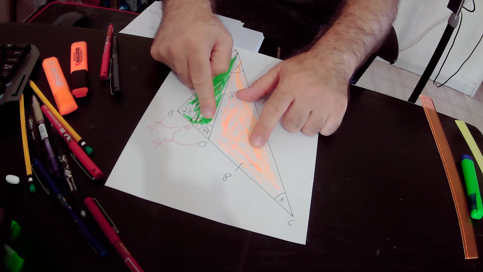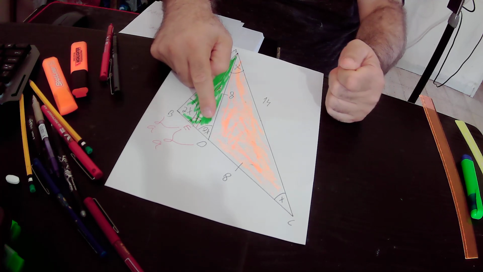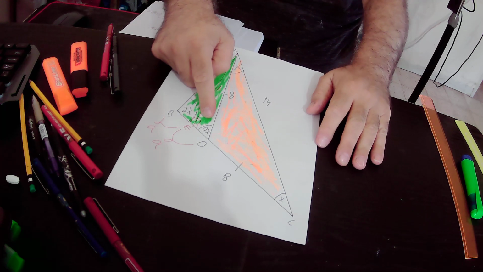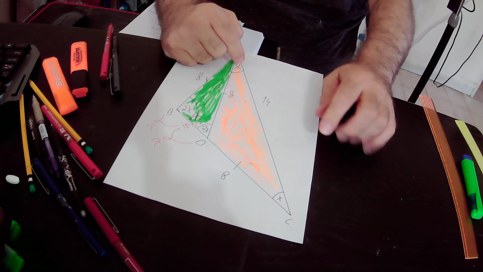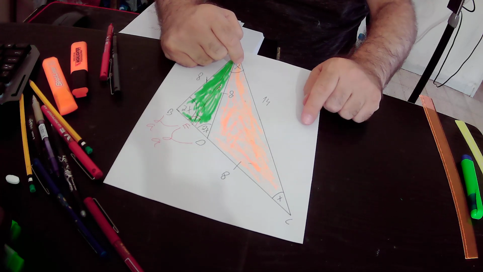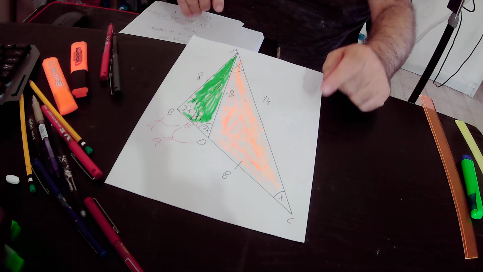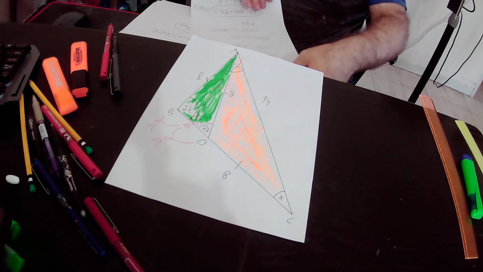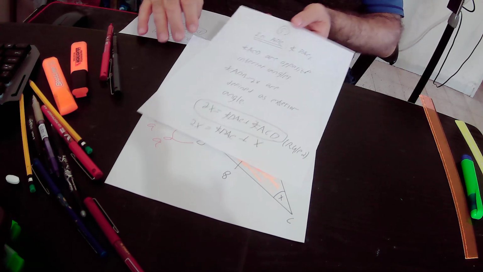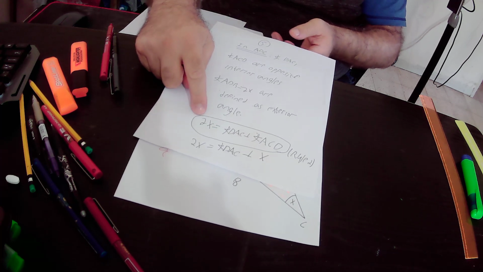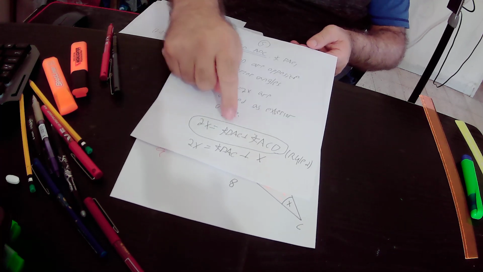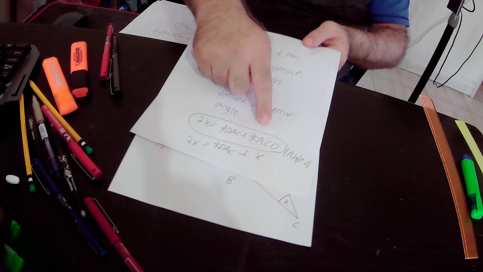So according to rule number 2, this exterior angle that equals 2x equals angle DAC plus angle ACD.